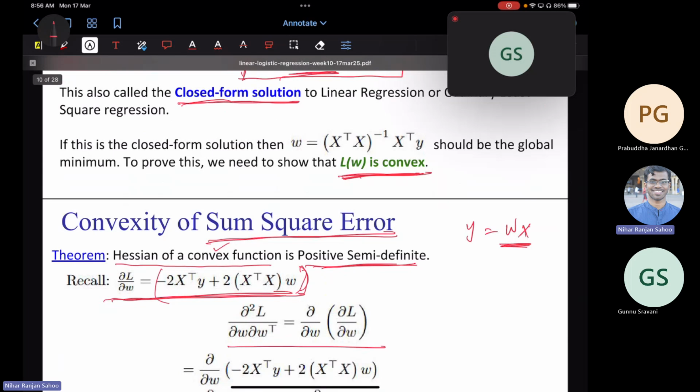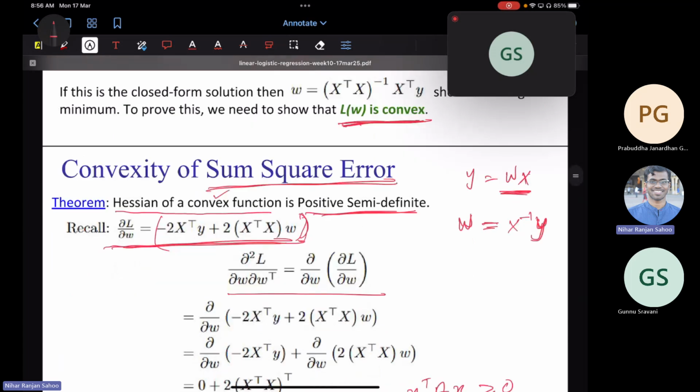So you could have asked: my goal is to find w, can't I just find w such that w equals x inverse y somehow? Is this not possible?